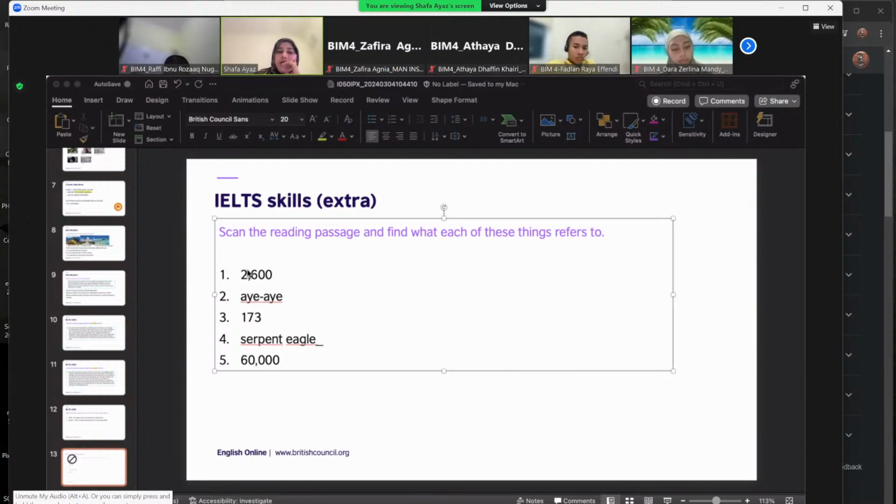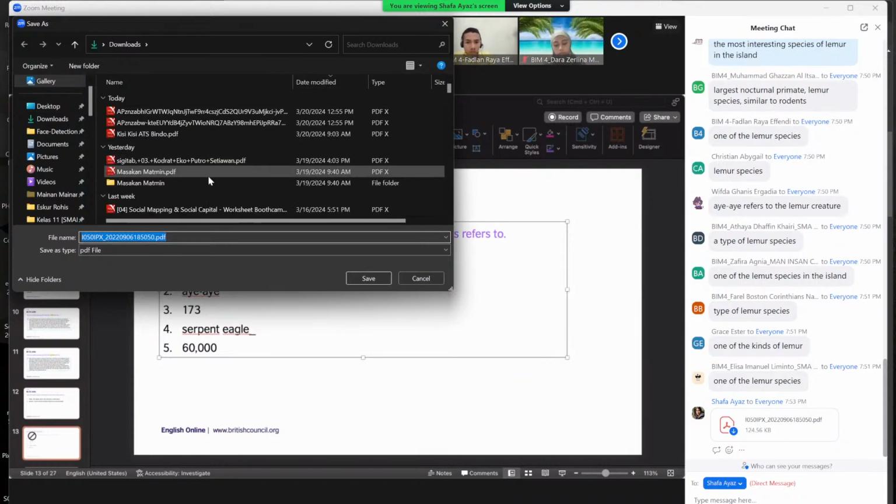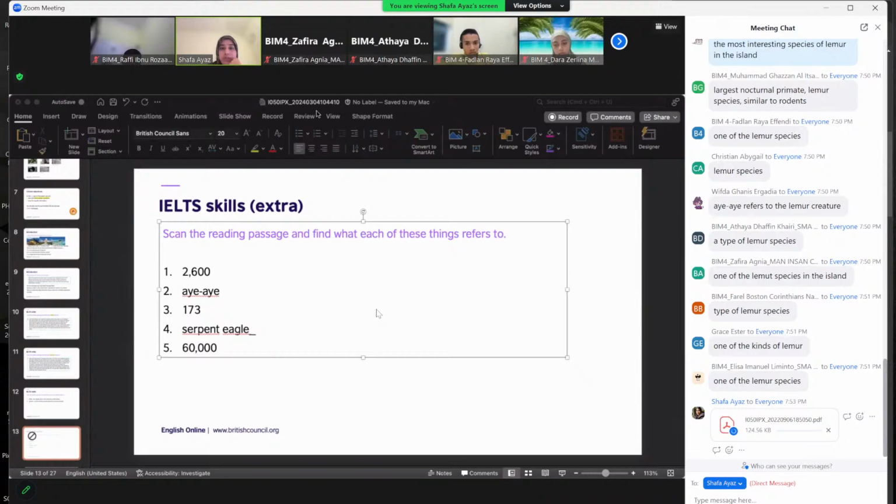So you have looked at this one and this one. Now quickly, you have to read quickly, remember that. I would like you to look for 173, Serpent Eagle, and 60,000. The PDF is in the chat.